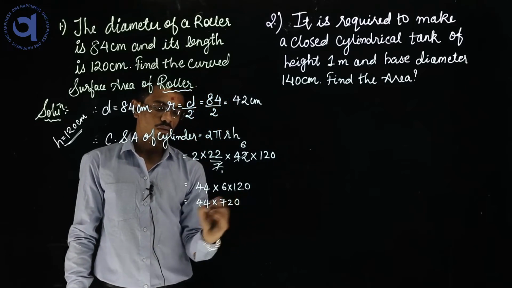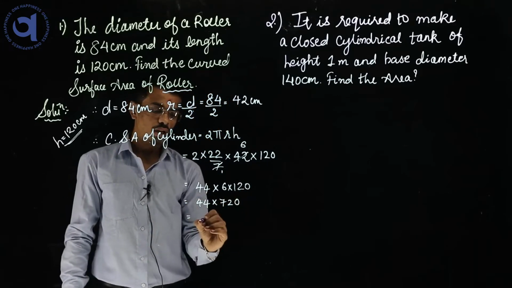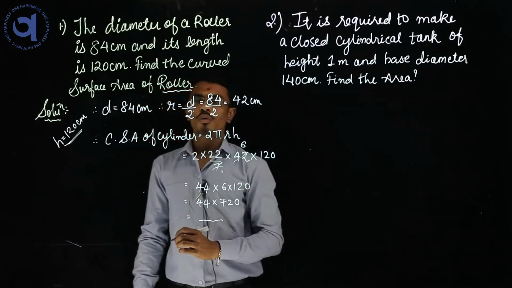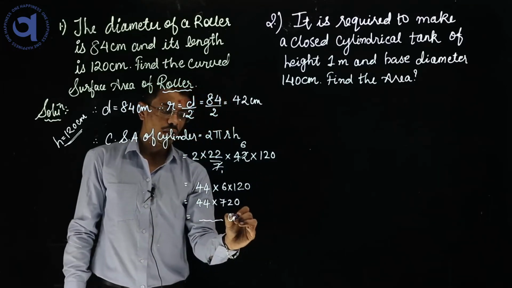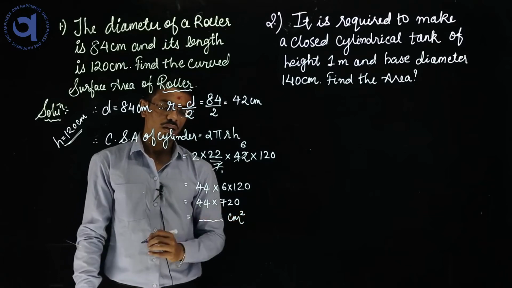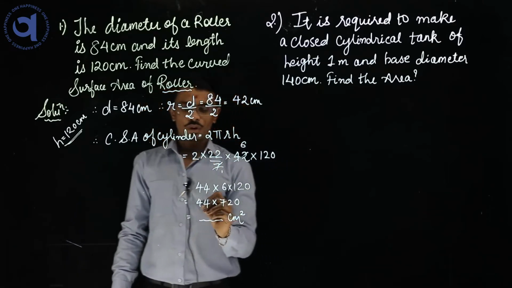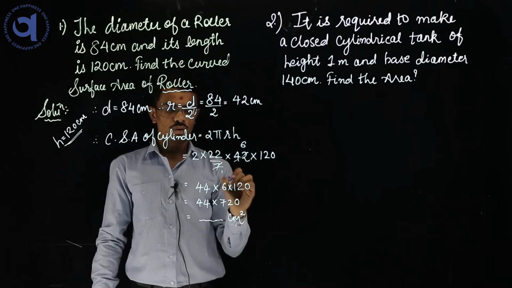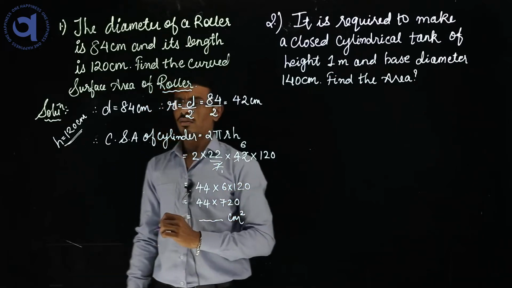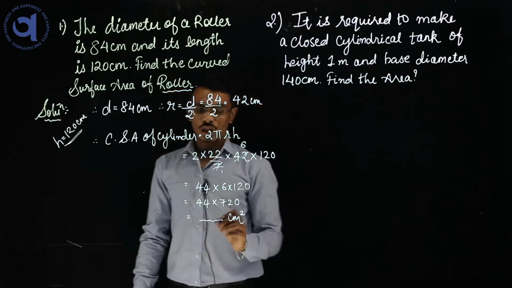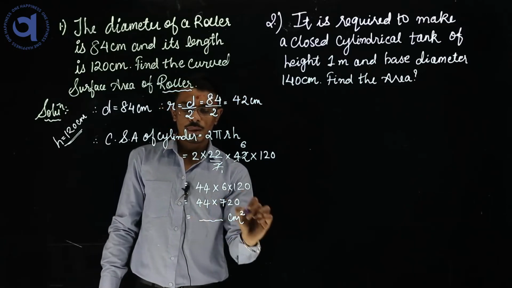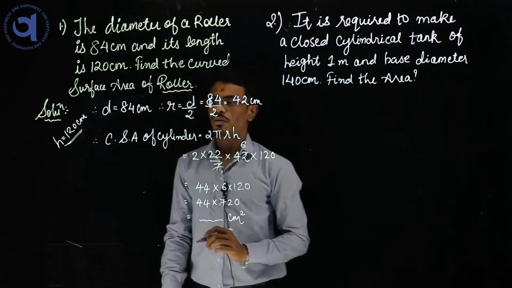So this will be 720. Multiplying this, we will obtain the answer in centimeter square. Okay, you have to do this answer yourself, that is 44 into 720.